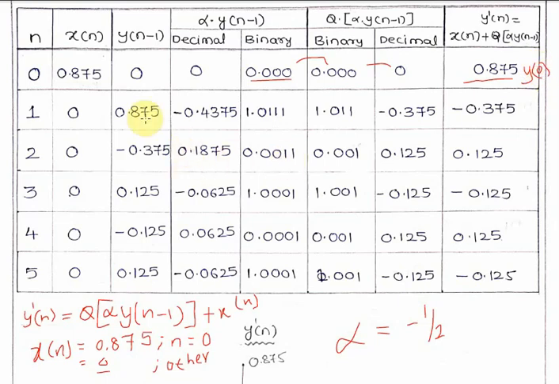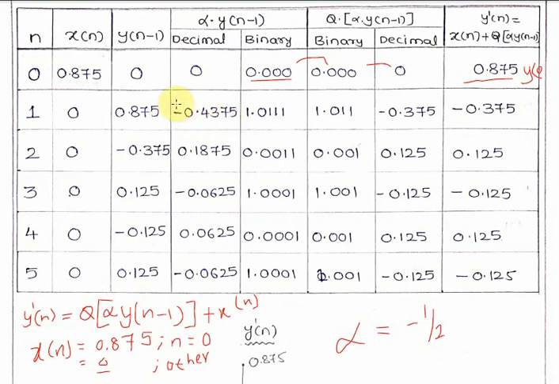Alpha into y of n minus 1, with alpha value minus 1 by 2: if we multiply 0.875 and minus 1 by 2, that is minus 0.4375.